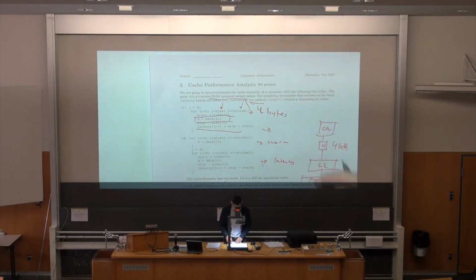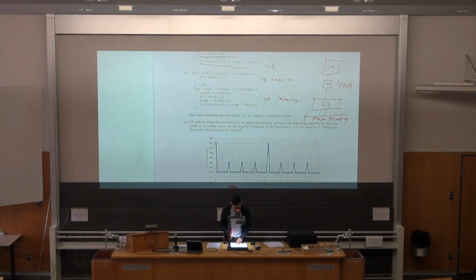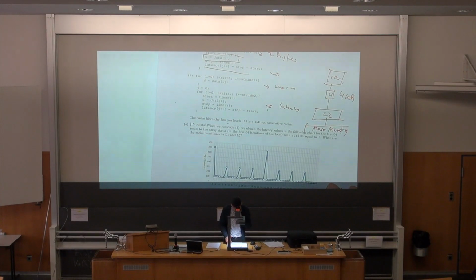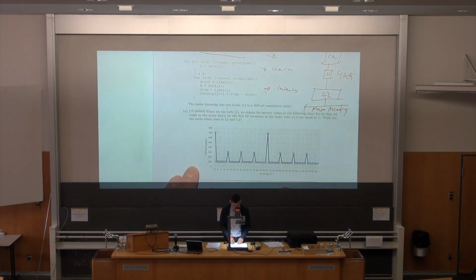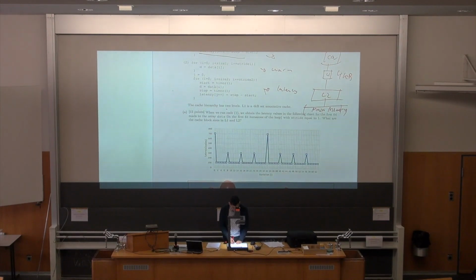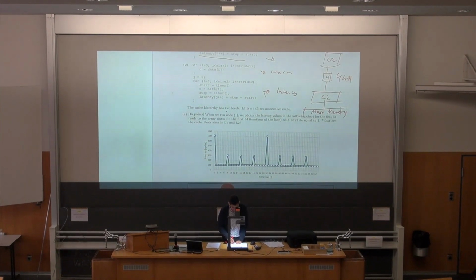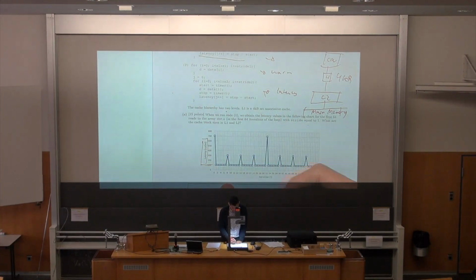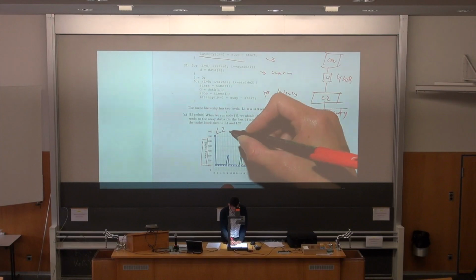So I'm going through all the elements, the first 64 elements of the data array. So the first thing they ask: what is the cache block size in L1 and L2 based on this plot? The first thing you have to understand from this plot is that this bigger latency here should be the latency of an L2 miss.